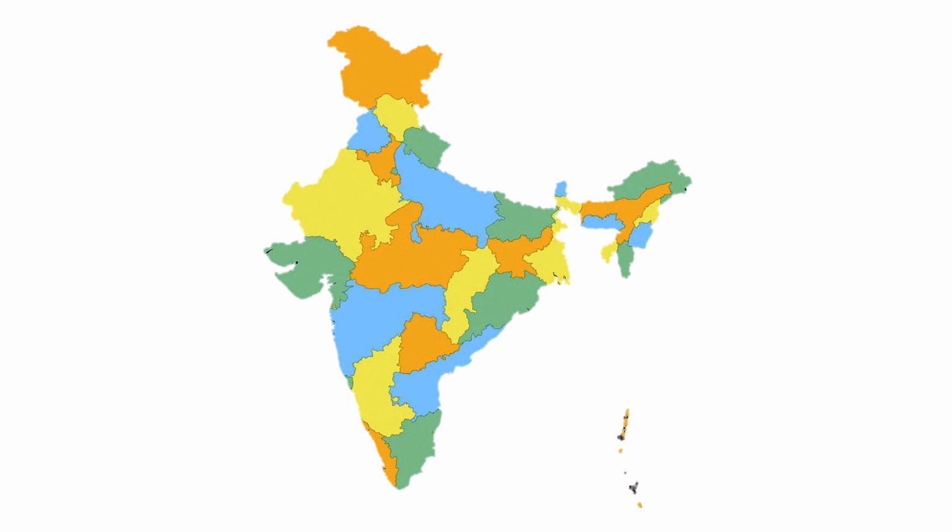Now, with the sun's migration towards the Tropic of Cancer, there is a steady increase of temperature from south to north. So here we can see how the temperatures go on increasing from south to north.